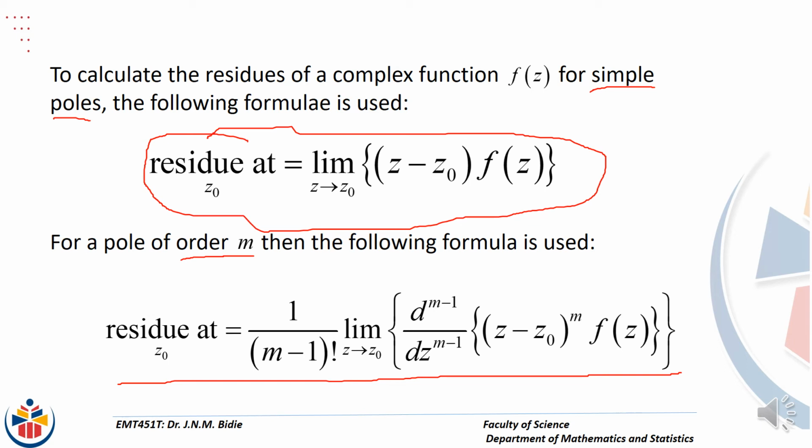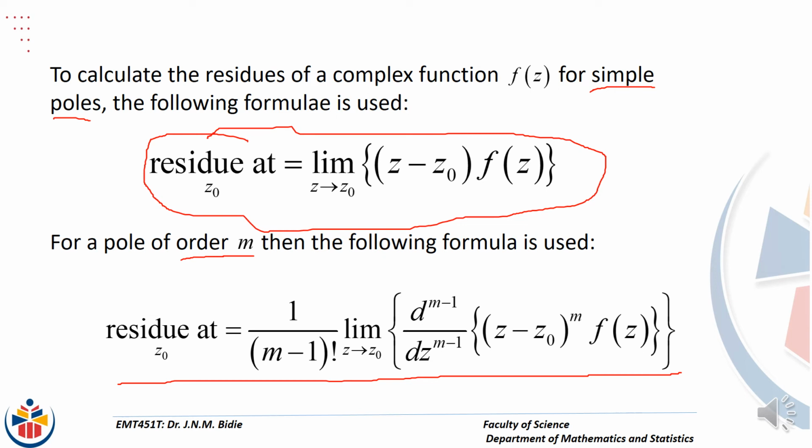In this manner, we have 1 over m minus 1 factorial, and we take the limit with the derivative now of order m minus 1. Note that if it was order 3, in the denominator here you'll have 2 factorial, and the derivative will be the second derivative.